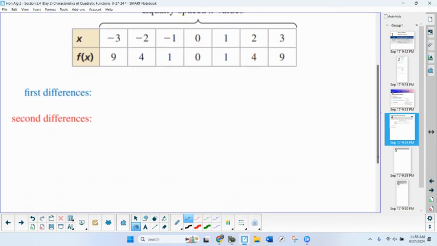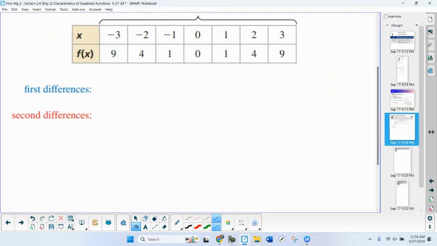Well, do you guys remember finding the first differences? You did this in Algebra 1. And when you find the first differences, you take this minus that. What is 9 minus 4? 5. What is 4 minus 1? What is 1 minus 0? 1. What is 0 minus 1?